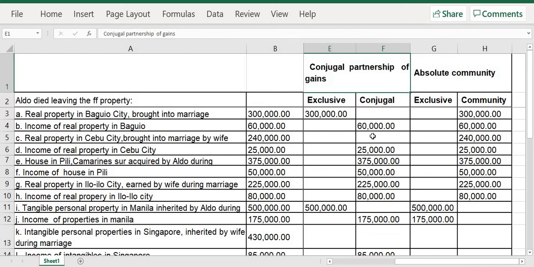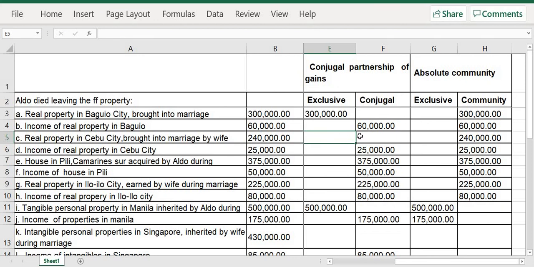Kaya hindi siya conjugal property ng nilang dalawa, ni Aldo at saka ng kanyang wife. And remember, we are computing here the exclusive property and the conjugal or community property of the decedent Aldo. Kaya hindi natin i-include si wife dito under conjugal partnership of gains.